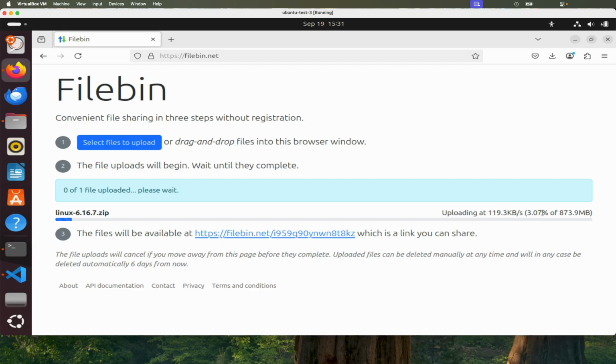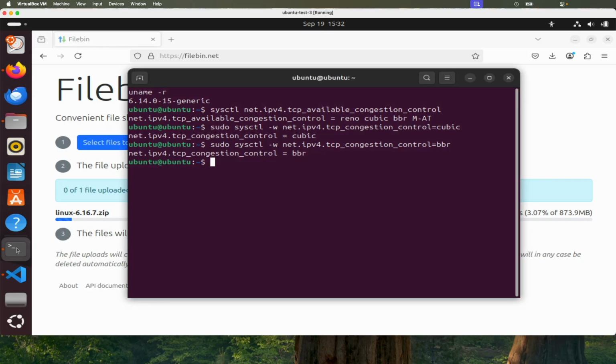Okay, so let's recap. It's 119.3 KB per second and 3.07%. Let's move on to our technology, TCP M-Adaptive Transmission. Now M-AT, M-Adaptive Transmission.